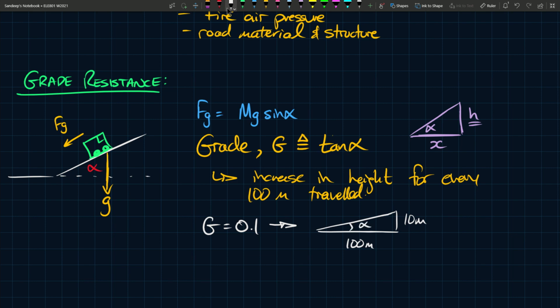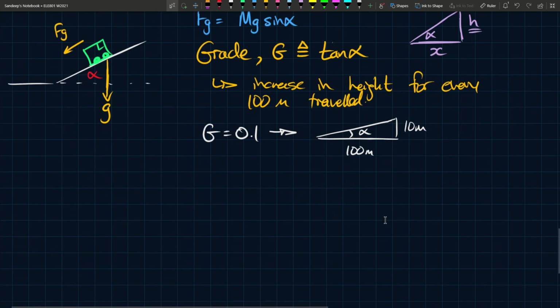And that would give you whatever alpha you have. We don't usually give the angle directly, because when you're dealing with vehicles, it's impossible to know what the angle is just by looking at it. But it's easier to understand how much of an elevation there was relative to your starting point. Now we can also define the percent grade, percent G, as 100 tan alpha.